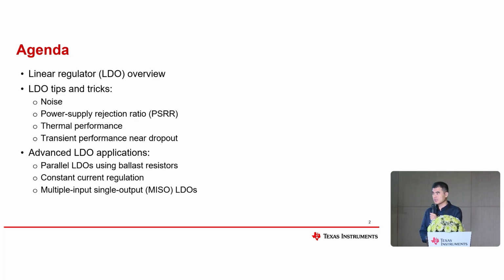Lastly, we will also talk about the advanced LDO applications. In this advanced application, we will discuss the parallel LDO using the ballast resistor. Sometimes in some applications we need to regulate the current instead of voltage, so we can use the LDO to regulate our actual current.